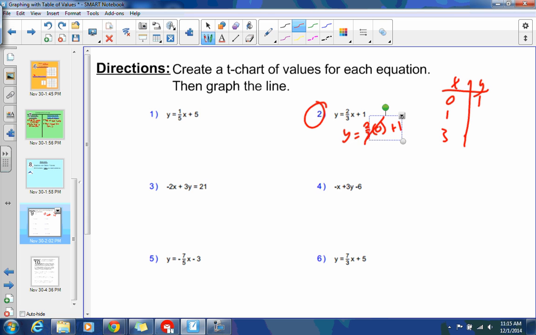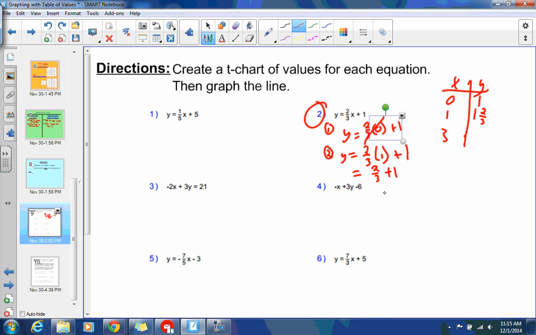But if you do x equals 1, you do y equals 2/3 times 1 plus 1. Do your multiplication first, equals 2/3, plus 1. And that's going to be 1 and 2/3, as a mixed number.